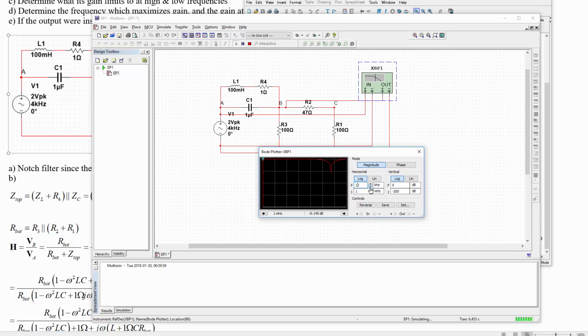So we expect it's going to be close to 500 hertz. So let's go up to 1K and up from 200. Yeah, so it looks like we've got something that's pretty close to 500 there. Yeah, 502 is seeming like the limit there.